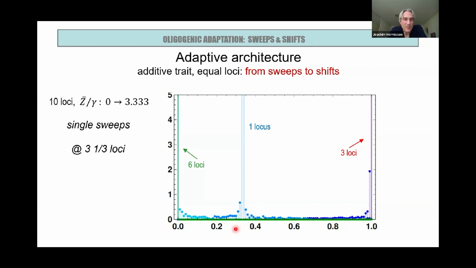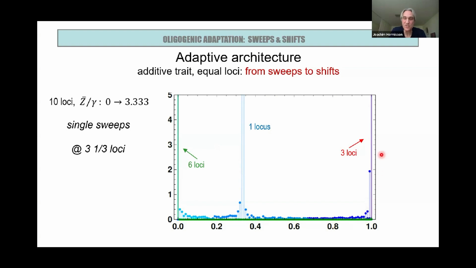Then there are 6 loci that peak here that have not even started to contribute to the adaptation, and then we have one locus here that is on its way and has just reached 1/3. And these are simulations across very many replicates, and this generates this distribution here.